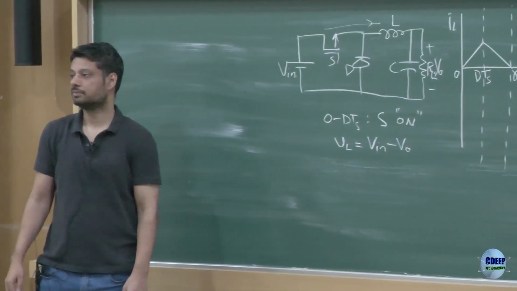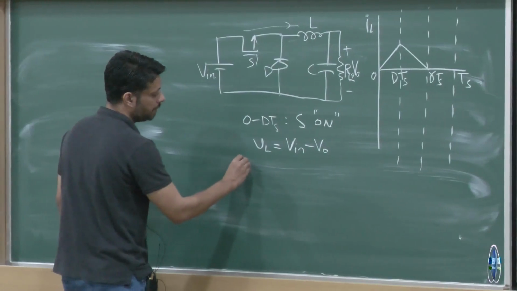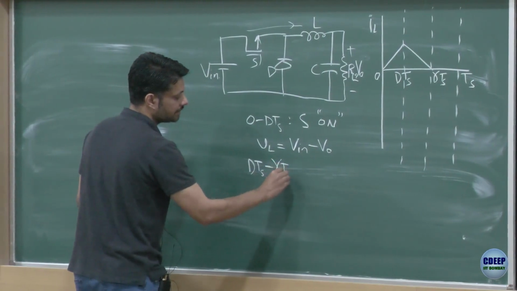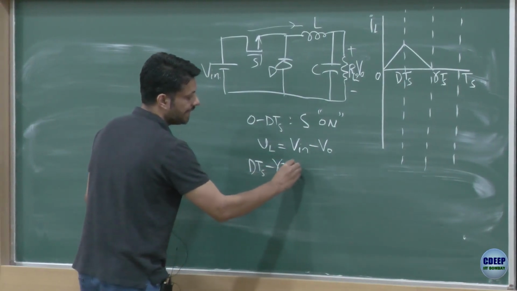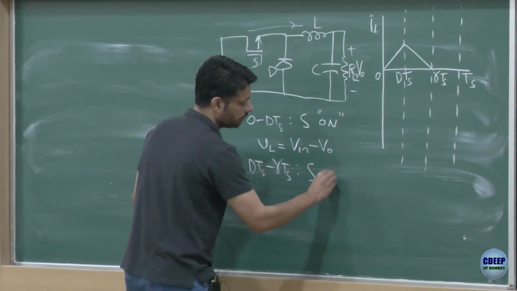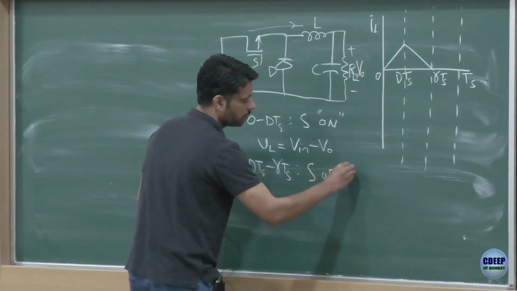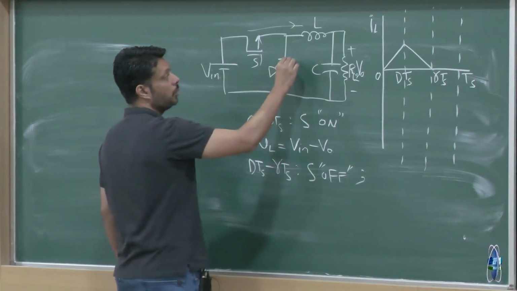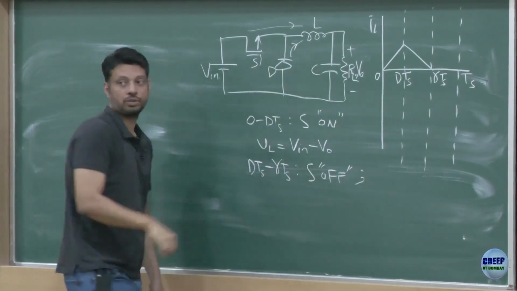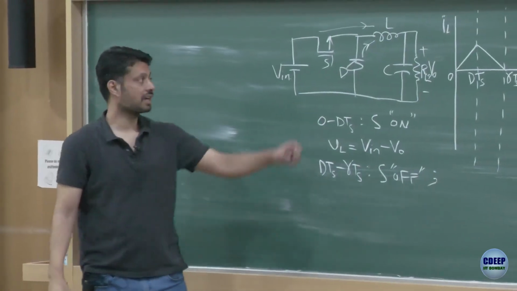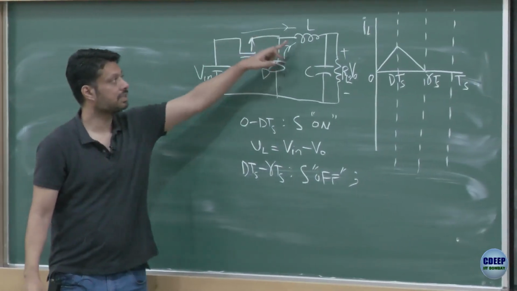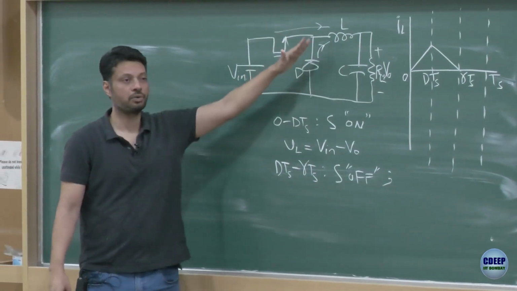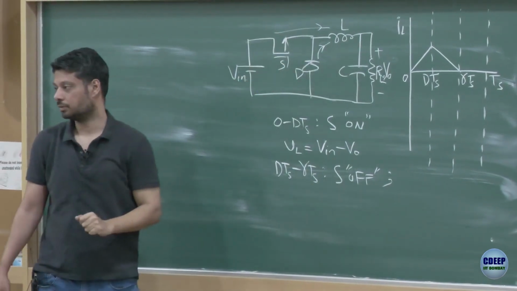Is that fine? From time period dTs to gamma Ts, your S is off, but then the current will continue to flow through the diode, because if this switch is open, this current has no path to flow from here, and therefore it would continue to flow through this diode.